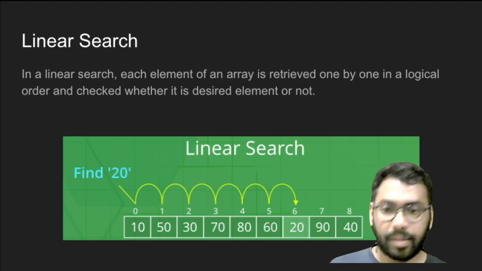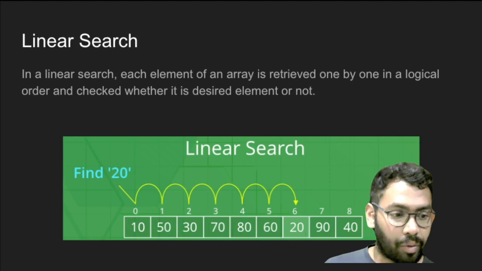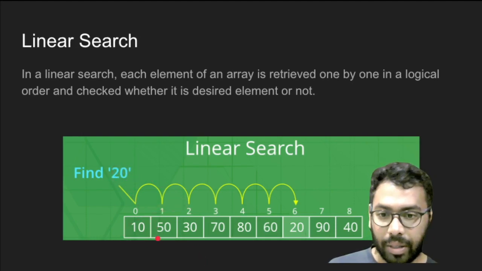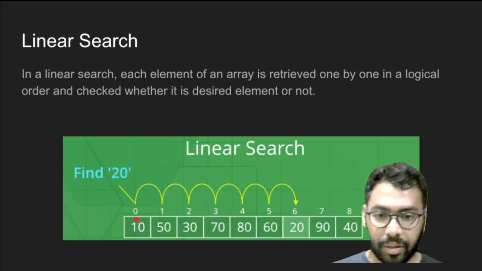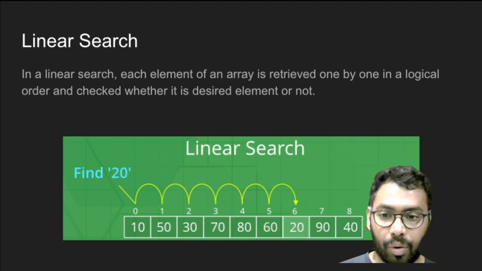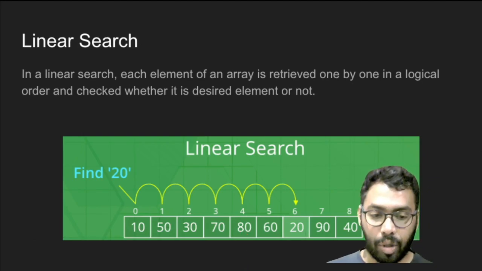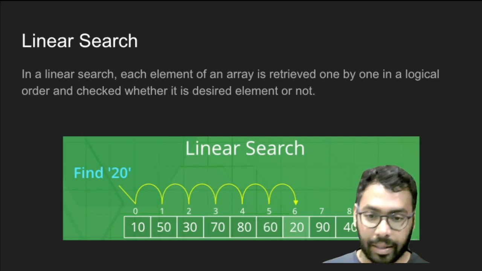Let's say we have a bunch of integers, and we have to search for 20. In case of a linear search, we will traverse through the whole list one by one and compare the value of each element present in the list with the element that we are searching for. As soon as that element is found, we will stop the search and return the index.